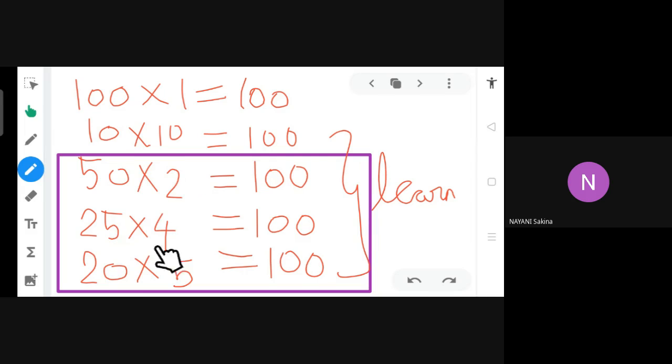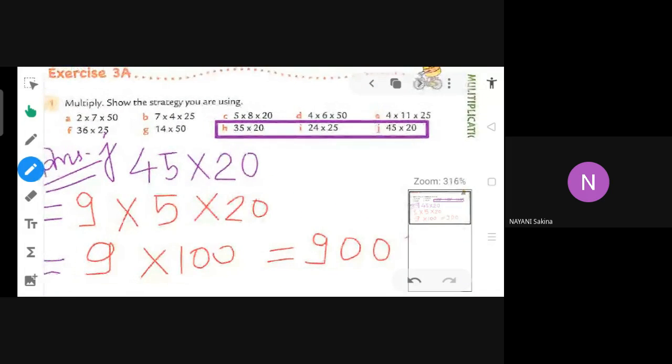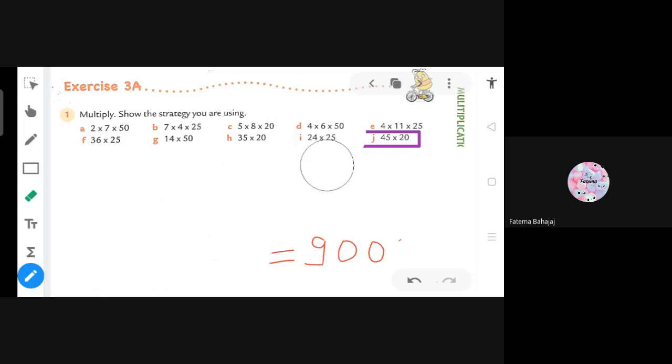Mainly we will use these three only, so please learn these three at least. Okay, I guess you have learned, right? In the boys class we have completed this portion also.